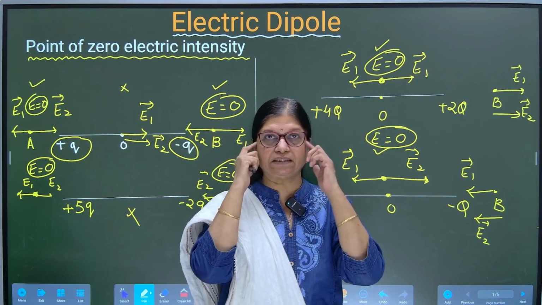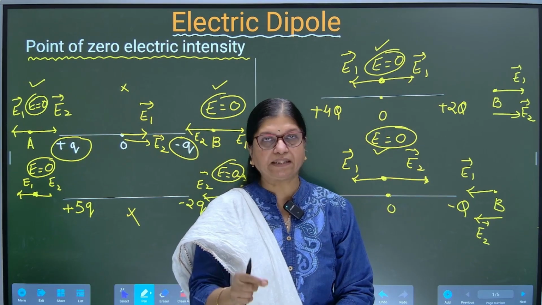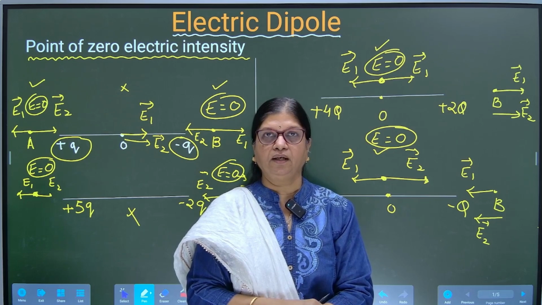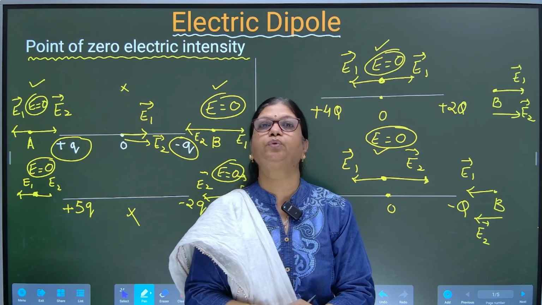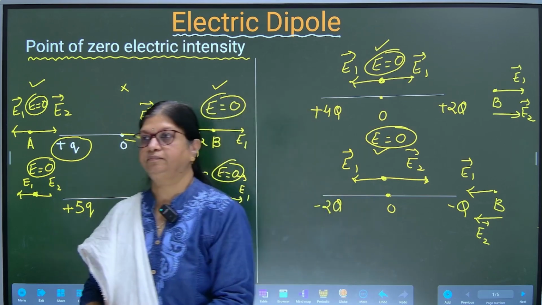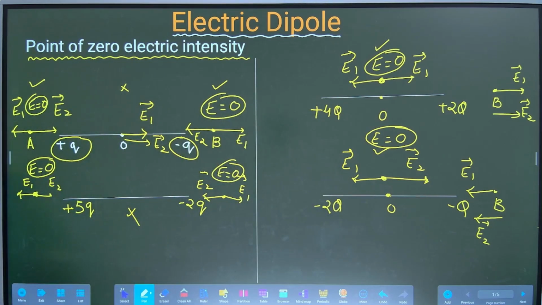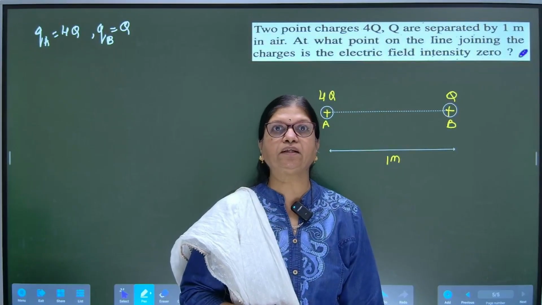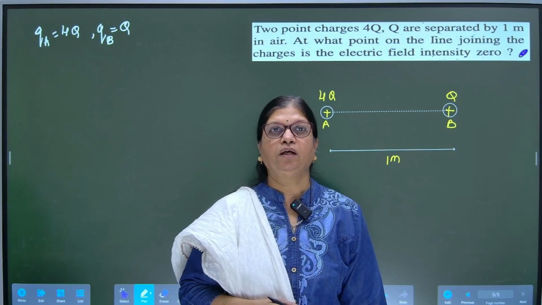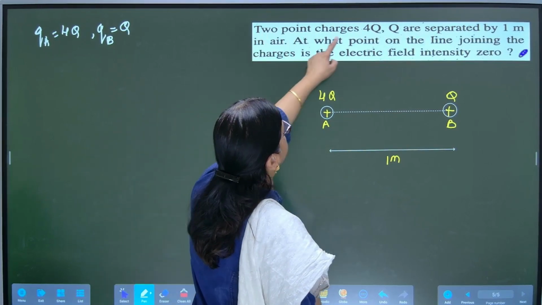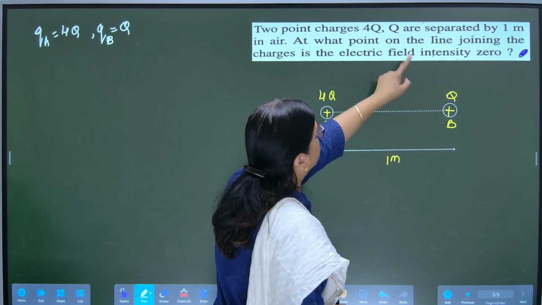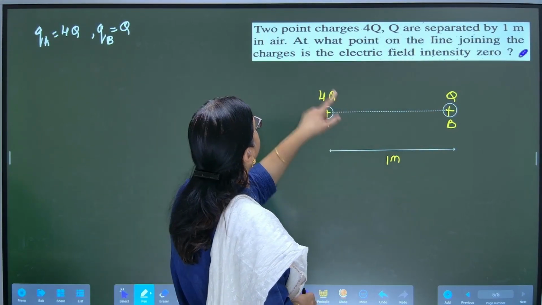So using this technique, let us do a numerical where we find the point where the electric field intensity is 0. How to do it? Remembering the concepts which we learned just now, let us solve a numerical where we have 2 point charges 4Q and Q separated by a distance of 1 meter in air.